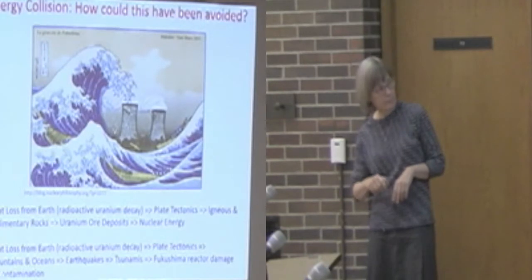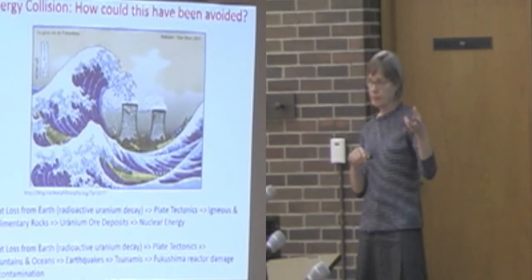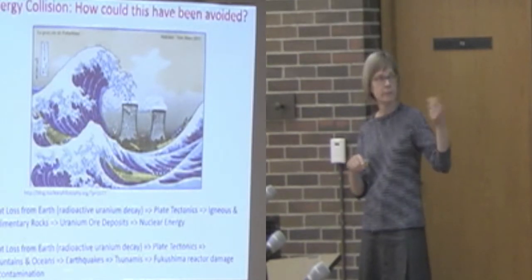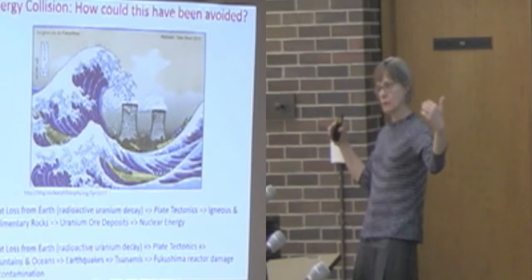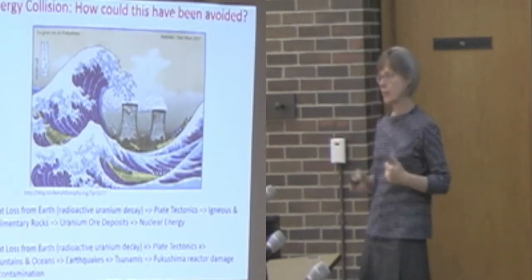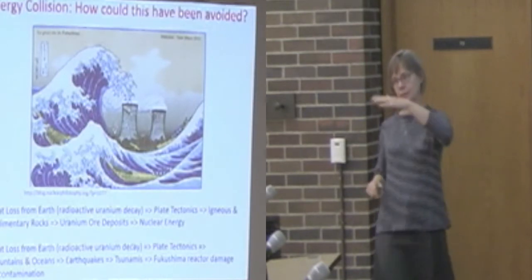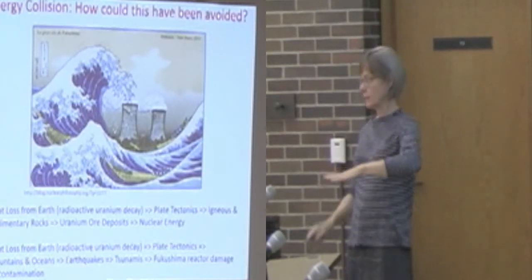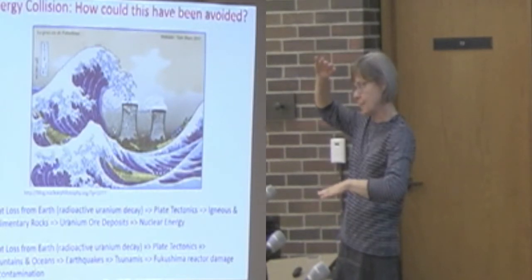Okay. At the same time, that heat loss generated by radioactive element decay created plate tectonics, created mountains and oceans, earthquakes. Two plates collide, they make earthquakes, which is what happened in Japan. When an earthquake occurs under the ocean, it's moving the rocks, right? And it basically moves the water up.